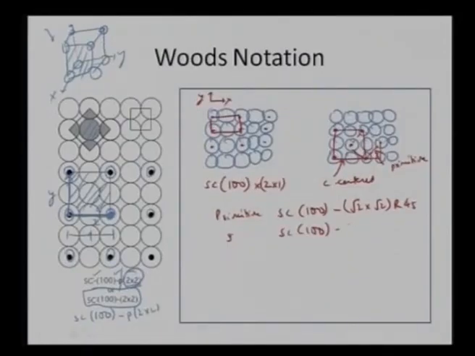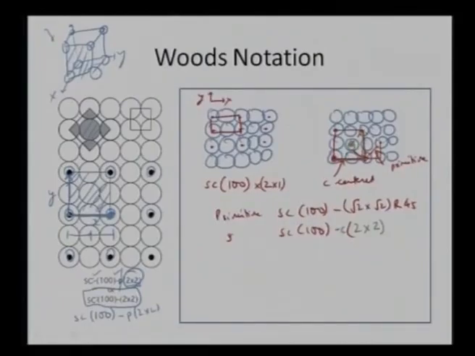Now I am traversing from here to this particular side. I am traversing from here to here, and then from here to here, it is more like the previous case. So I am traversing 2 by 2, but now this species has one more adsorbate at the center, so I make it C centered.